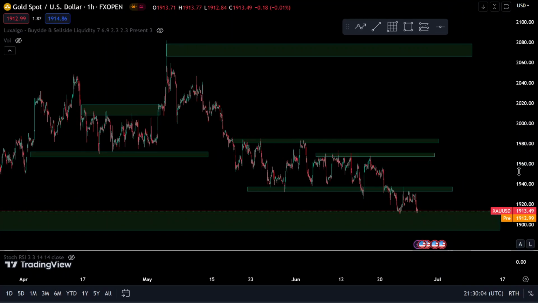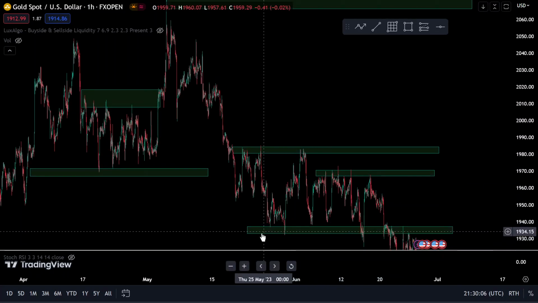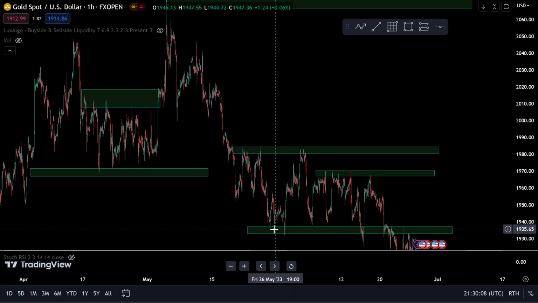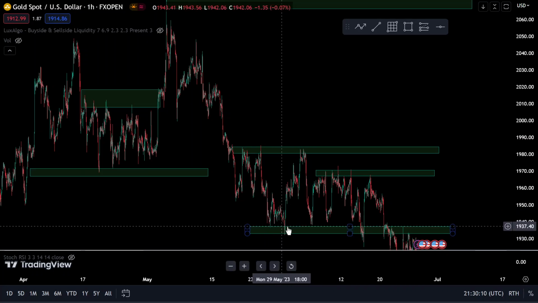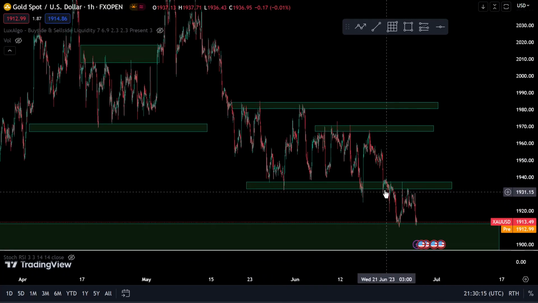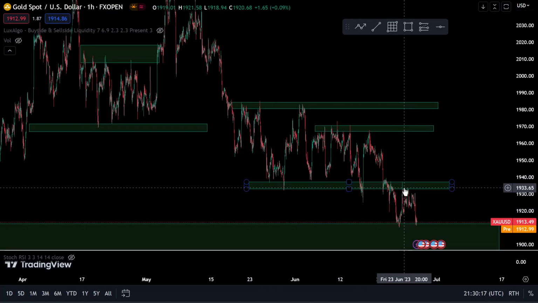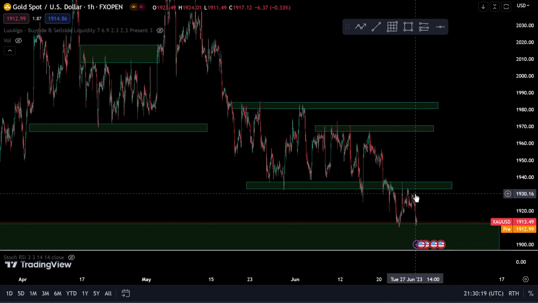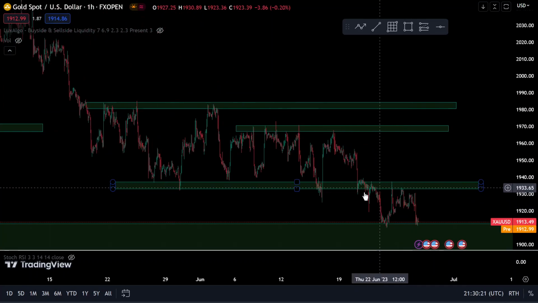Explaining this to you, as you can see, we have this as our support, where price came and tested so many times, and finally price broke this support and came back to retest this zone so many times. So as it came back to retest, here becomes our resistance.